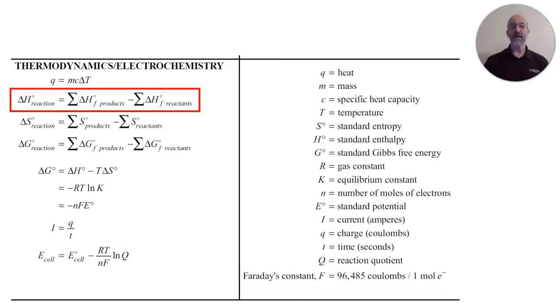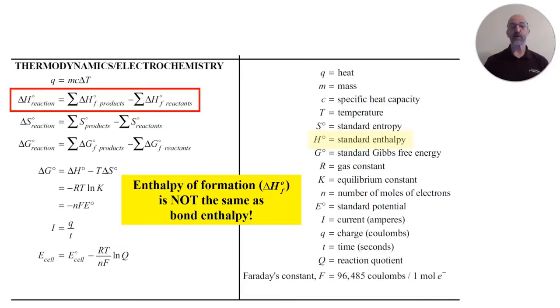So this equation shows products minus reactants for something that is labeled as delta H with a subscript of F. So that subscript of F, the F stands for formation. And the enthalpy of formation is not, repeat, is not the same as a bond enthalpy value. So don't make the mistake that the student made in question 4.